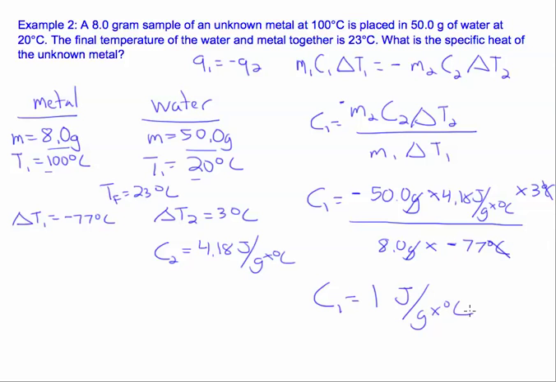And then we could look at a list of known metals and find the right specific heat. Now, I will say that this specific heat is probably a little bit too inexact. If we wanted to really know what our unknown metal was, we would need to have a better thermometer and take more precise measurements.